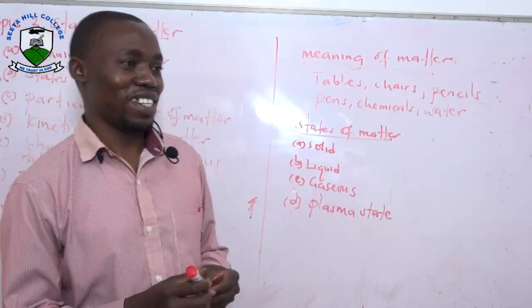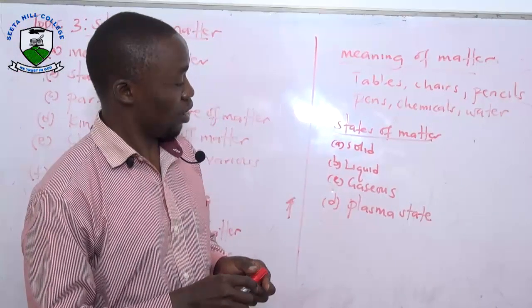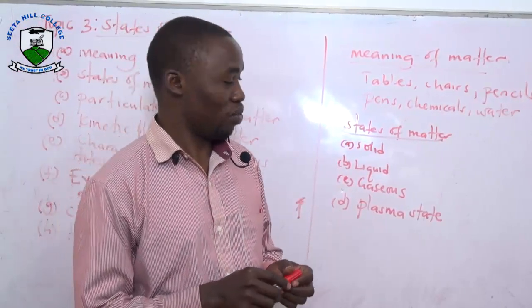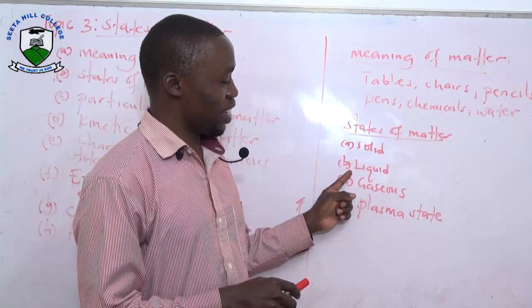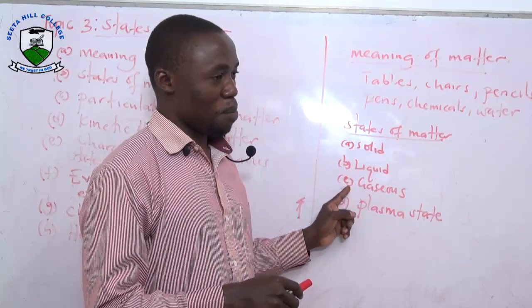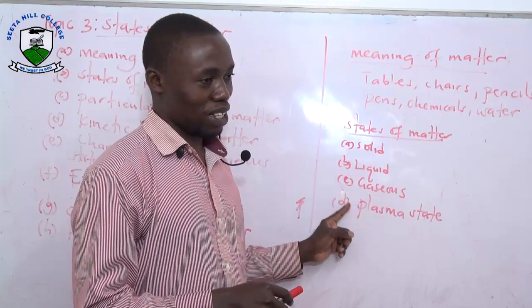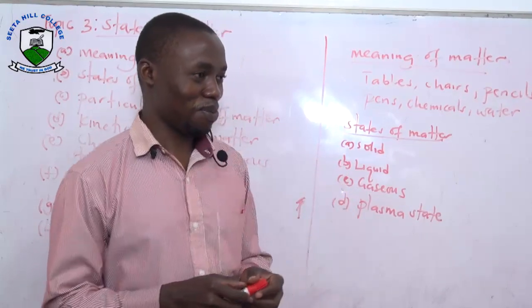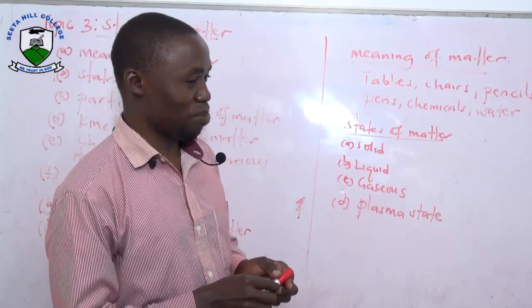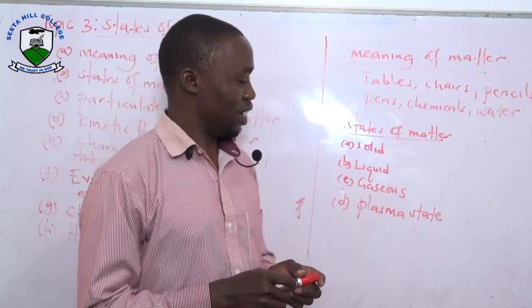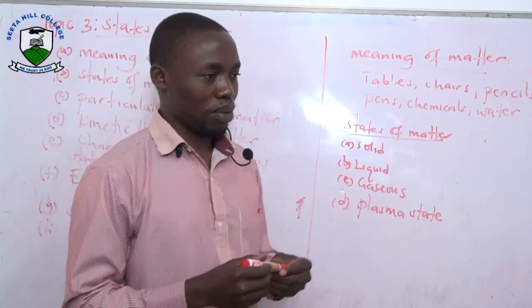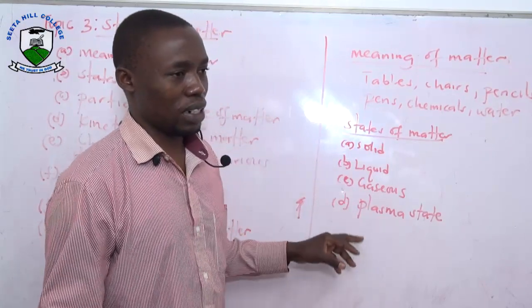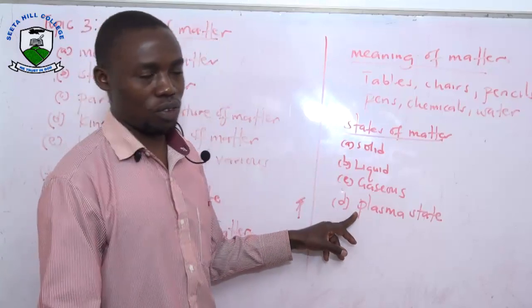Now that's uncommon to you from primary level, because you basically say you have solid, liquid, and gas, not so? But then we are seeing that plasma is also a state of matter. That sounds very new to your head. Now, to call this to your attention, let me first pause on this form here.